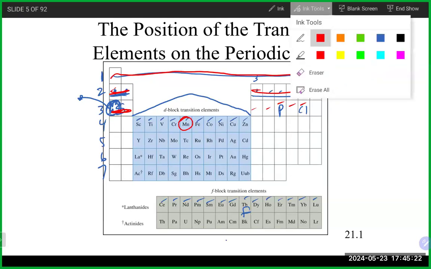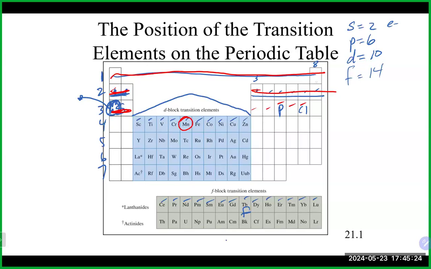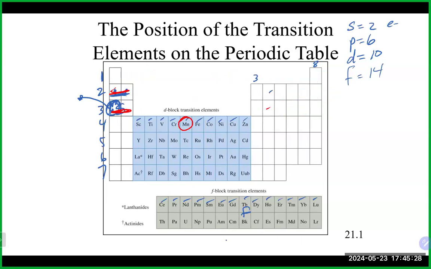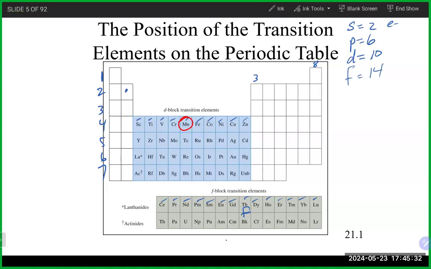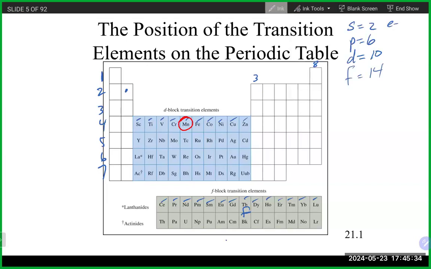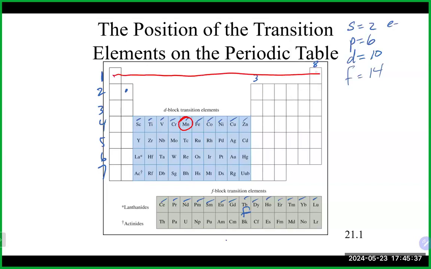When you do go into transition metals, and if we were going to do that guy there, we would go 1s2, 2s2, 2p6, 3s2, 3p6, 4s2.